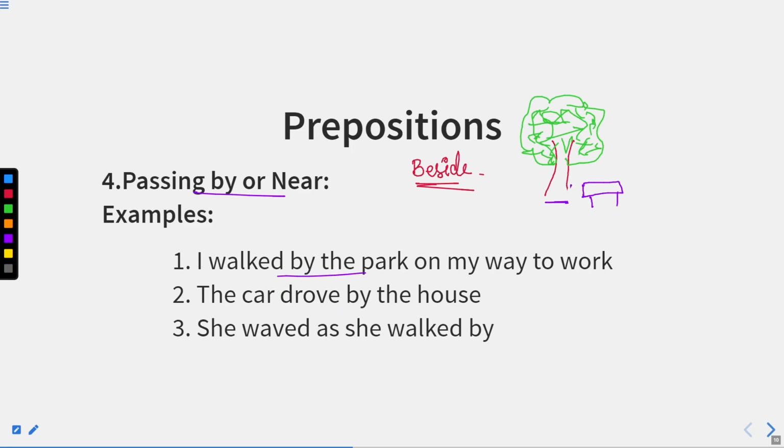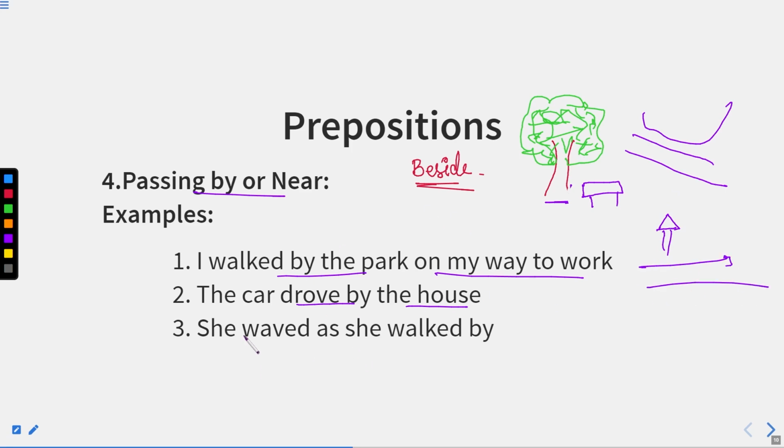Well, I walked by the park on my way to work. So by the park means the park is here and we are going from this side. The car drove by the house. It means the house is here, and here we are driving the car from this path. She waved as she walked by.